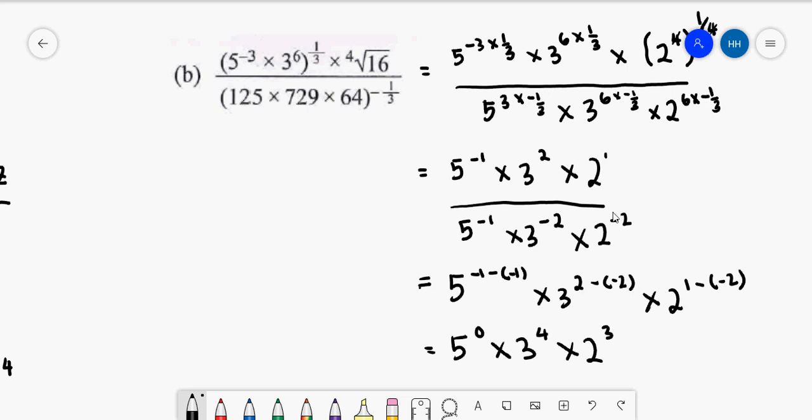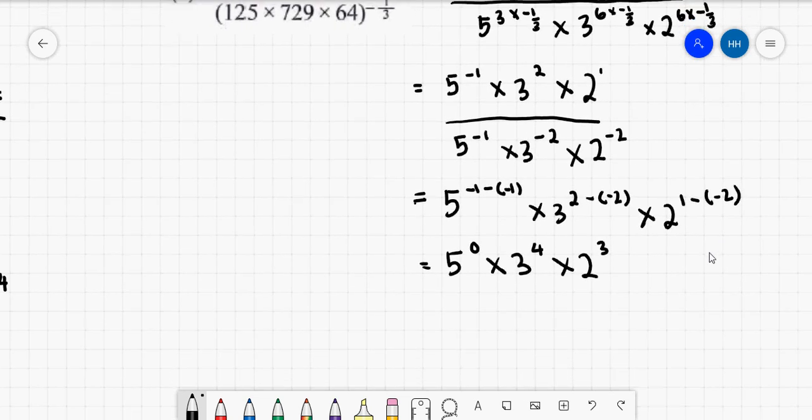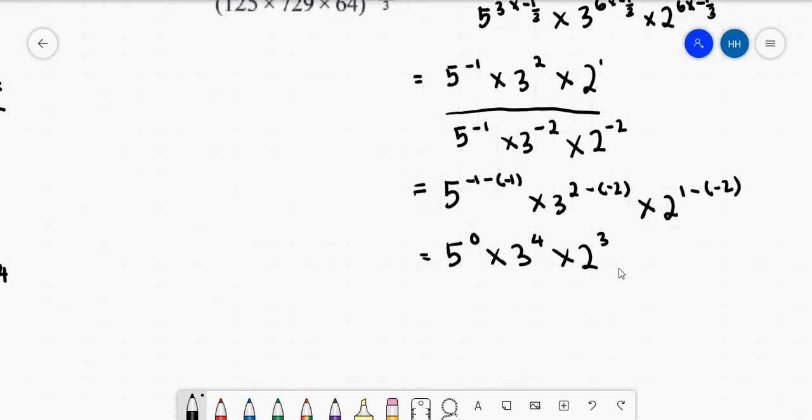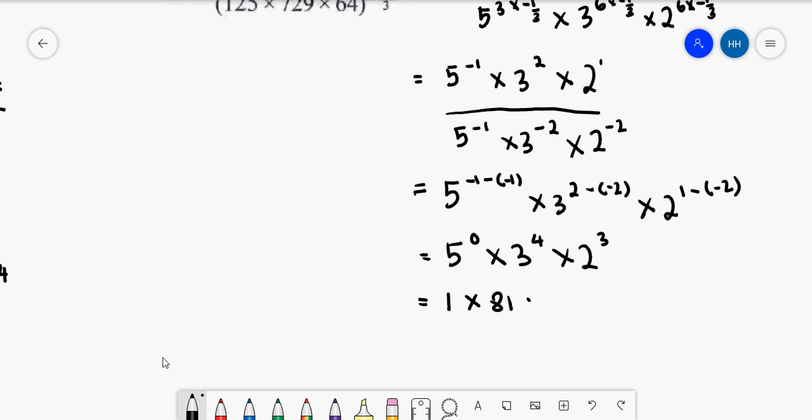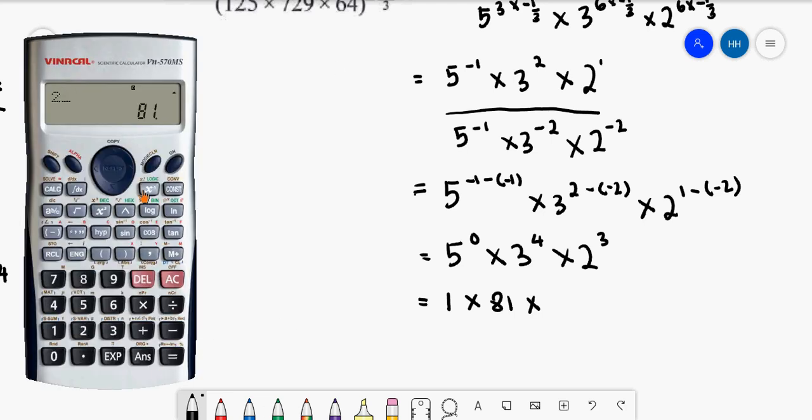Don't forget that the question asks you to find the value, so this is not the answer. Any number power 0 is equal to 1, so 5 to the power of 0 is 1, times 3 to the power of 4. 3 to the power of 4 equals 81, and 2 to the power of 3 equals to 8.